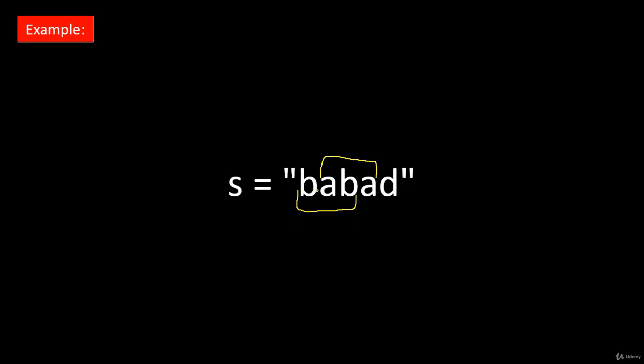These two strings contain the same number of characters, so we can return any of them. Our answer could be BAB, or our answer could be ABA.